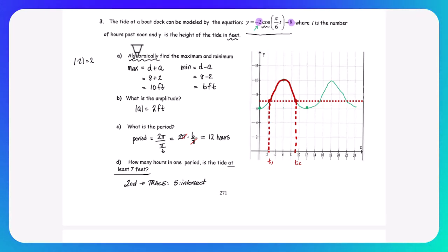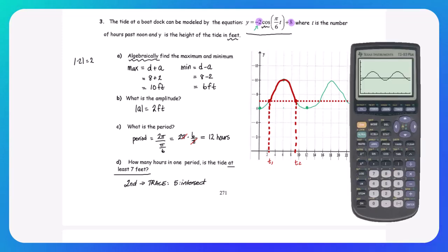So we need to find T1 and T2. Second trace, 5 for intersect. Now we have to go all the way over. Click that a bunch of times.